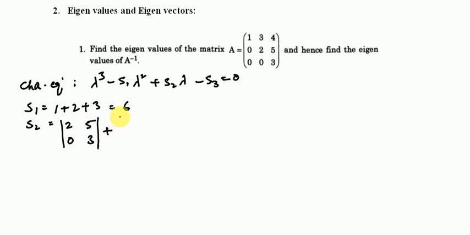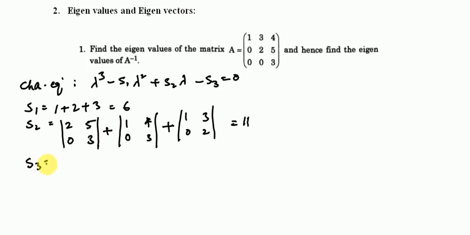The next element's minor is determinant of 1, 4, 0, 3. For the last element 3, we remove its row and column and consider only 1, 3, 0, 2 and take the determinant. Simplifying, we get 11.